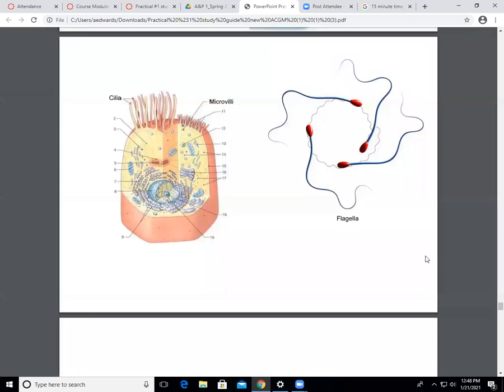So, quick review. Where is the energy made in the cell? The mitochondria, all right? What part of the cell holds your genetic material, your DNA? The nucleus, okay?